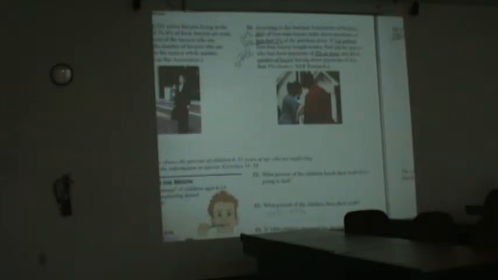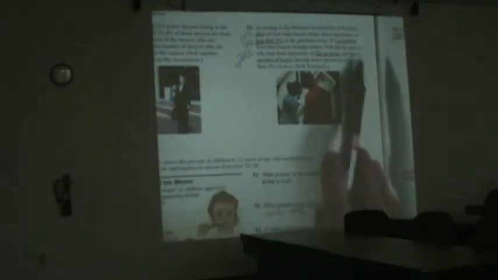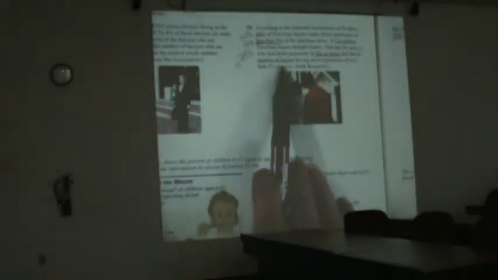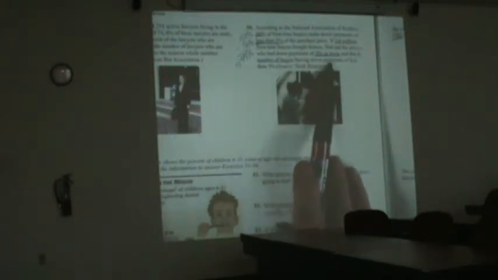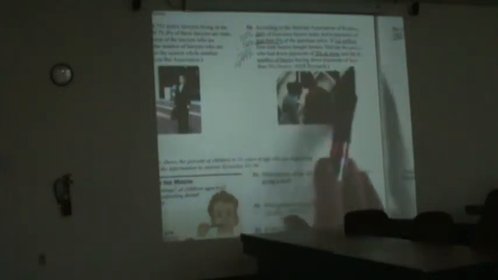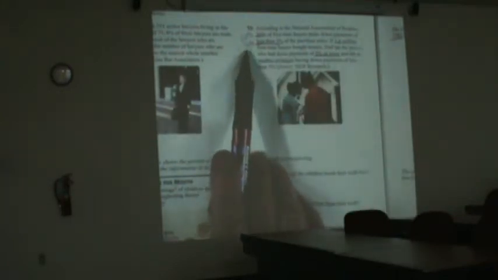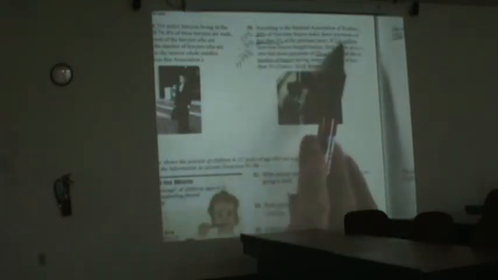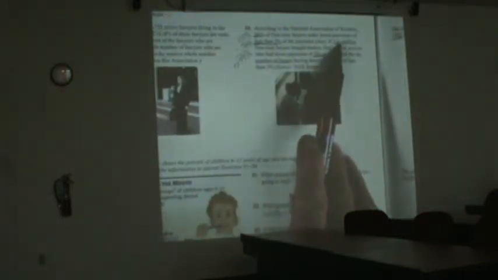Make sense? Yeah? And then B, the number of buyers having down payments of less than 5%. Not the percent, the number. The percent was 56, right? That had less than 5%. So you're gonna have to do 56% of 2.6 million.